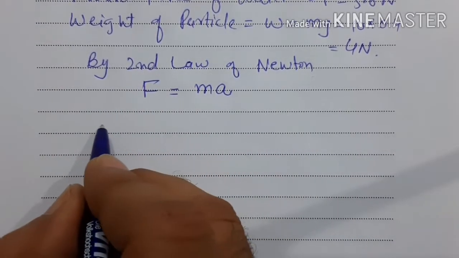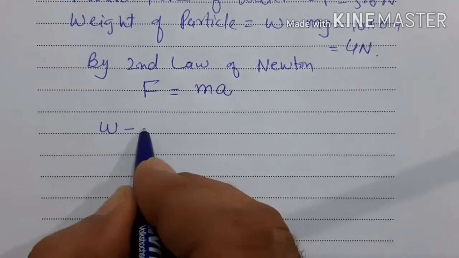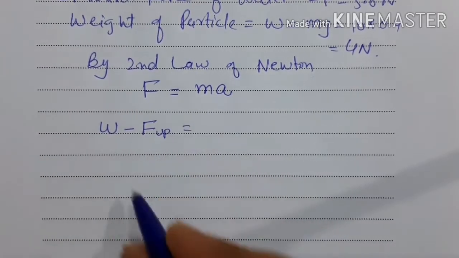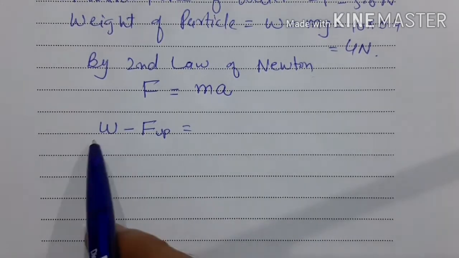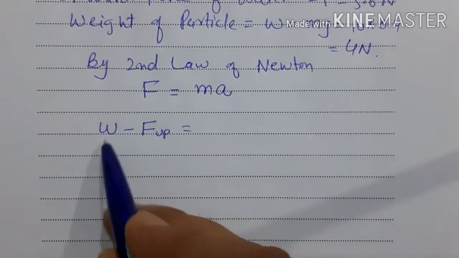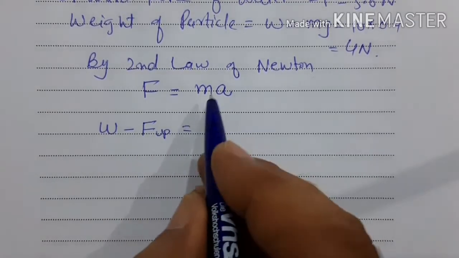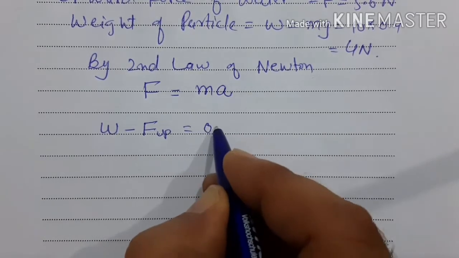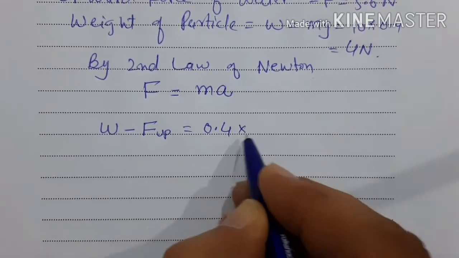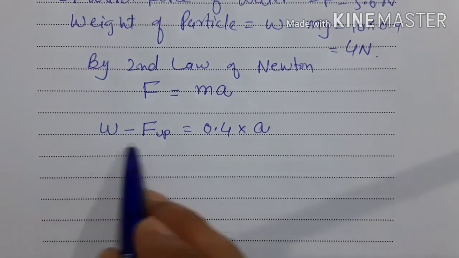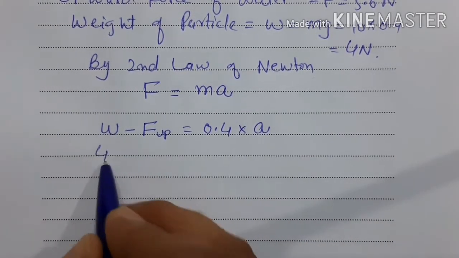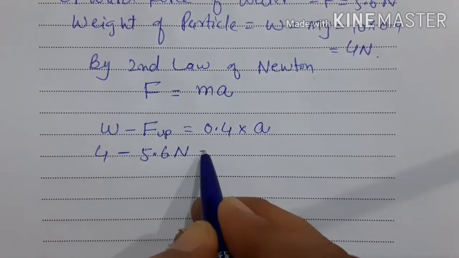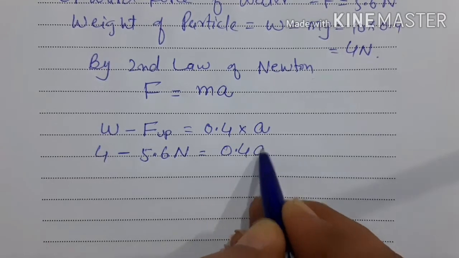What is the resultant force? Weight minus upward force of water, because water is exerting upward force and the weight is actually acting downward. So the resultant will be weight minus upward force. Mass of the particle is 0.4 into a, we are going to find. So put the values. Weight is 4 minus upward force 5.6 newtons is equal to 0.4 a.